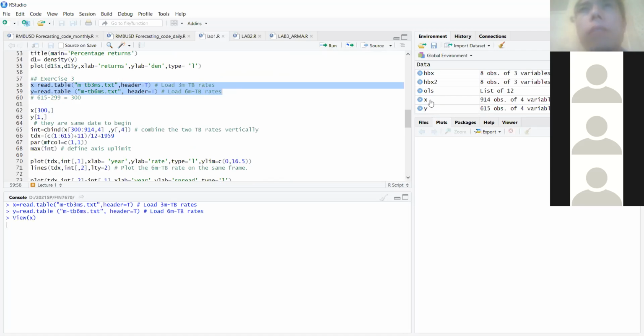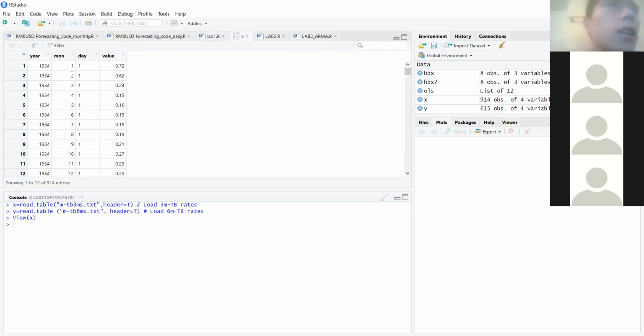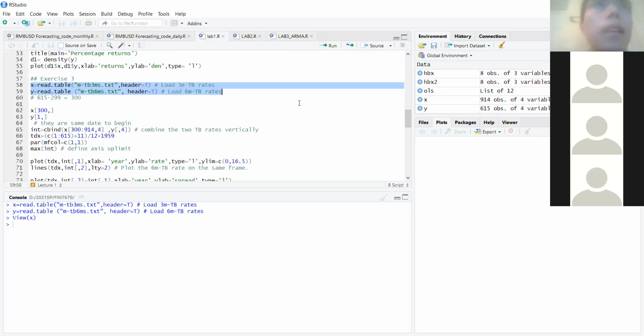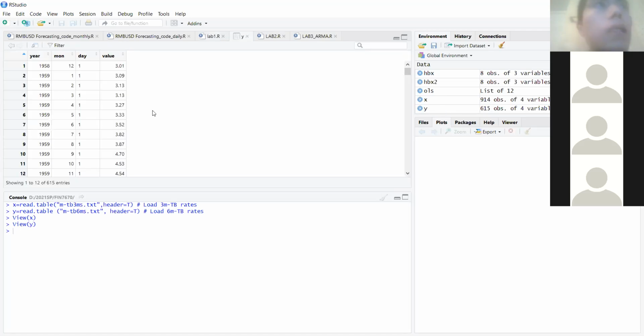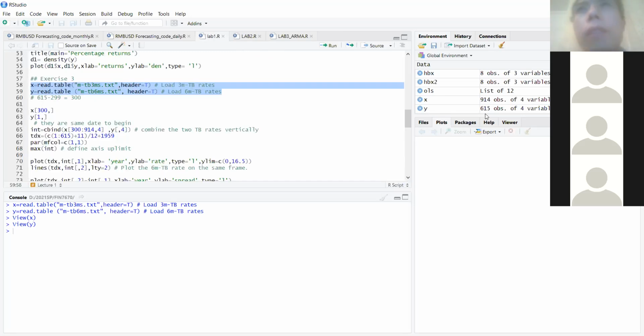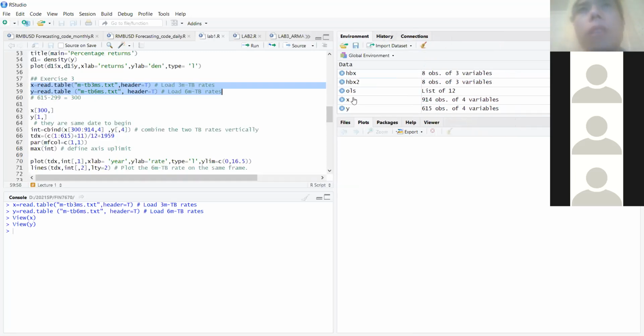Let's look at the X file. So in the X file, you have year, month, day values, perfect, right? And you have Y, perfect, starting from 1958, year, month, day. And you want to be careful with the data sizes. Look at this. X has 914 observations of 4 variables, and Y has 615 observations.